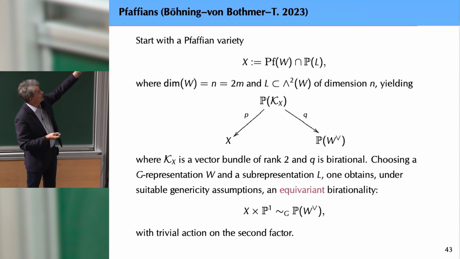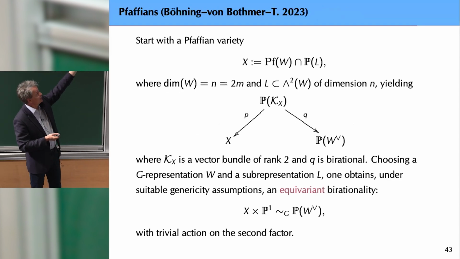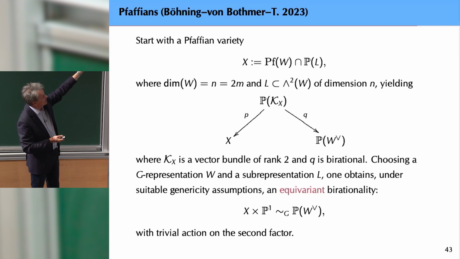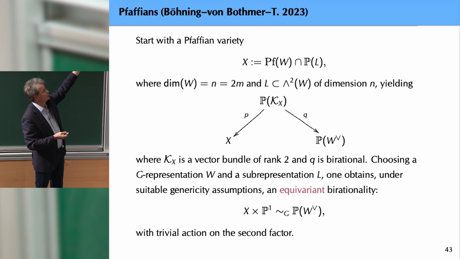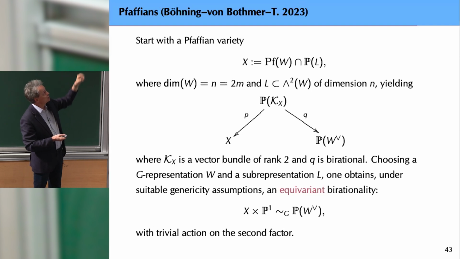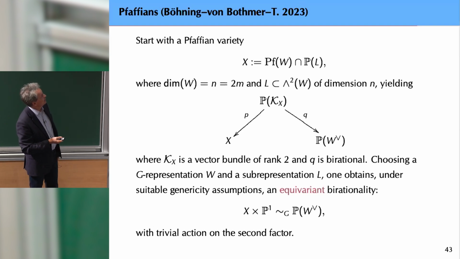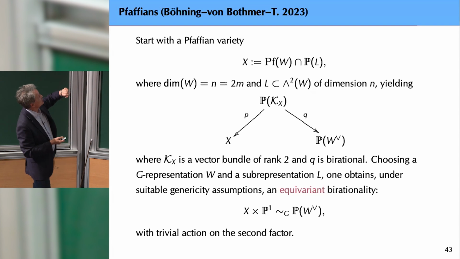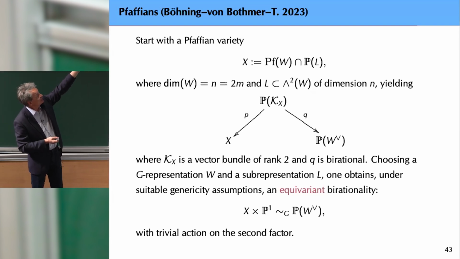You look at some Pfaffian variety. So suppose you have W, let's say without G actions, or with G action. Suppose you have a representation of dimension 2m, and well, then you pick a subspace L of dimension n in there. You look at the intersection.